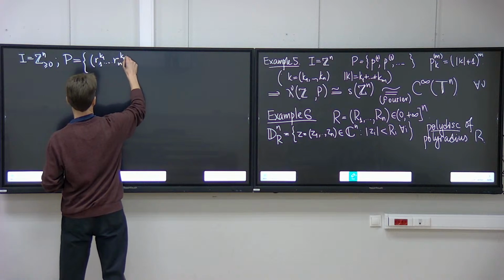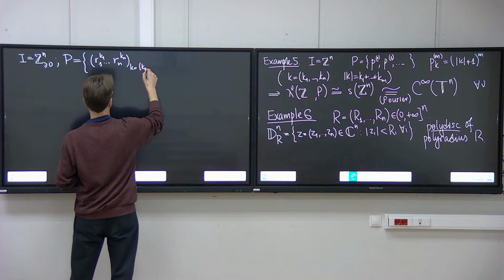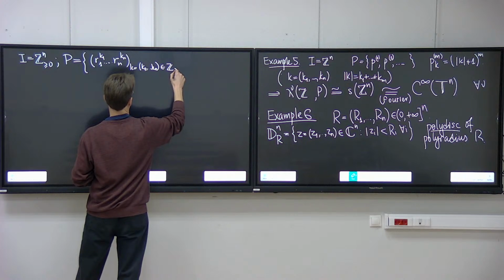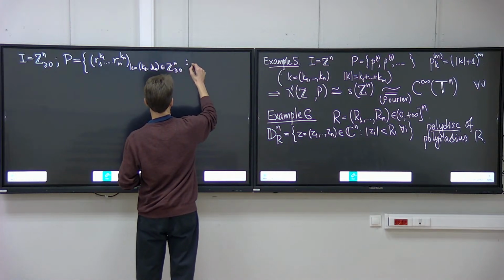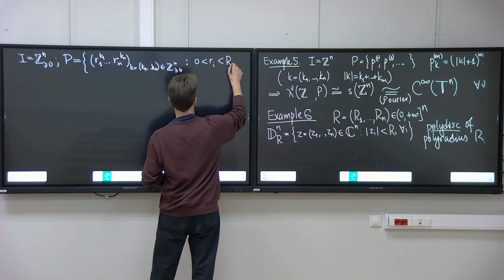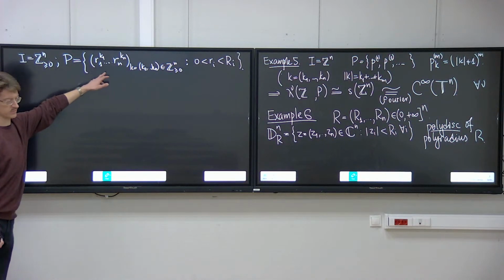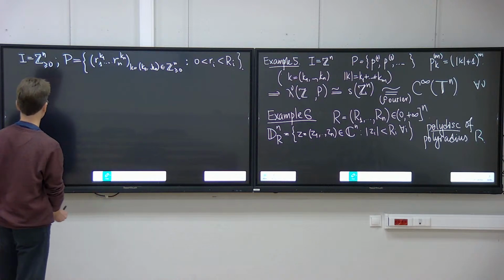So we take the product. Here, k runs over the set of all multi-indices, n-tuples of non-negative integers, and the r_i are strictly between 0 and big R_i. So for every k, we consider the following sequence. And the Köthe set consists of all such sequences.